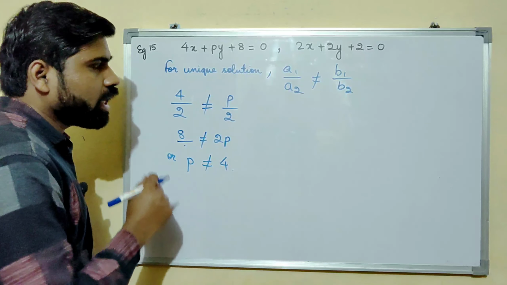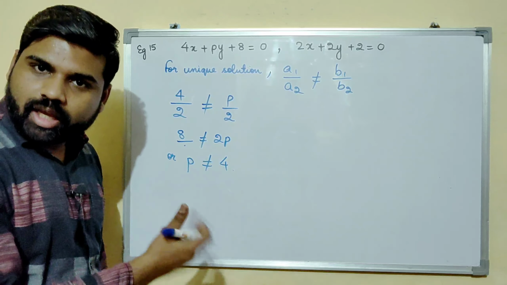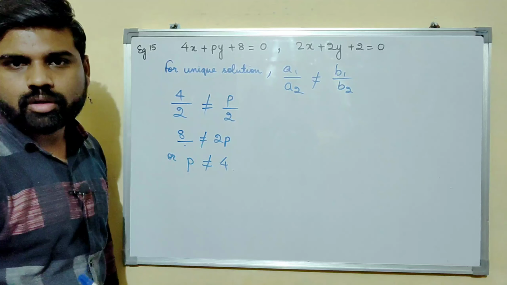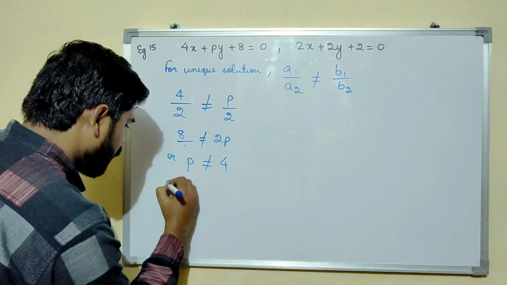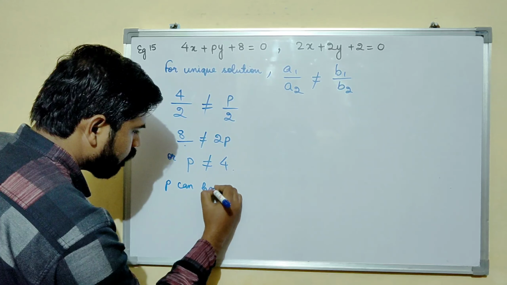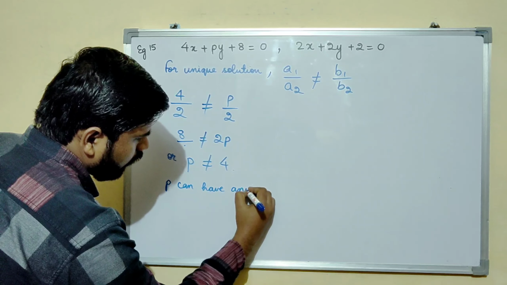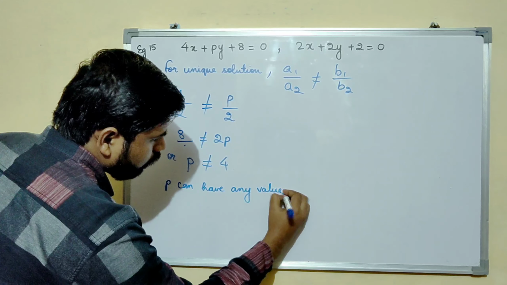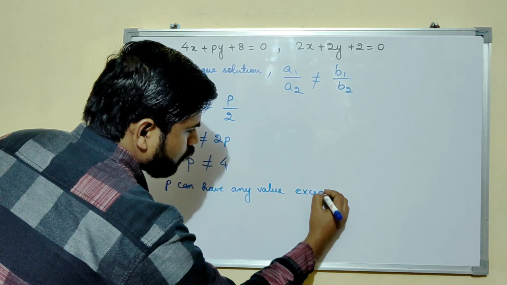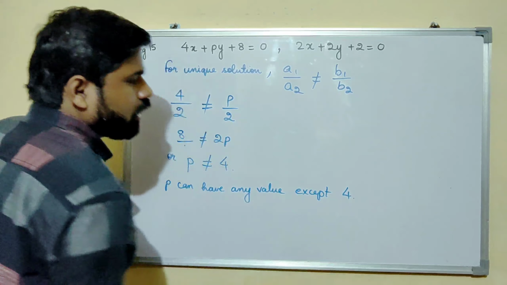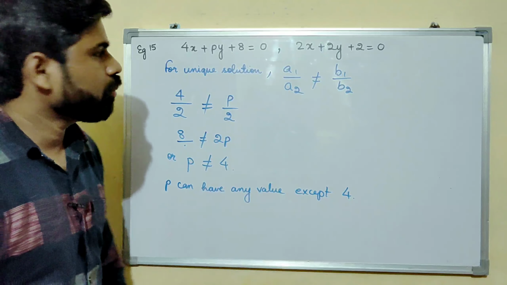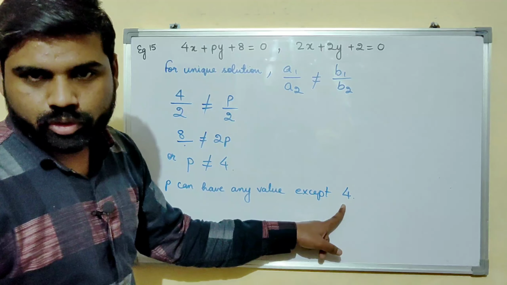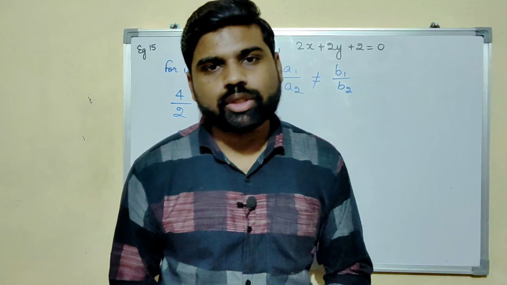It means that p can have any value except 4. You can put any value of p except 4, so you will get the unique solution.